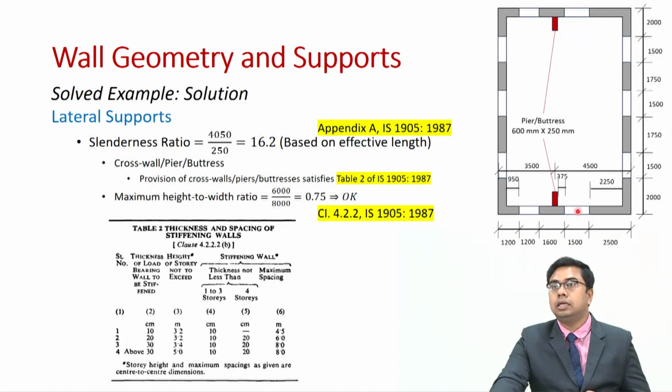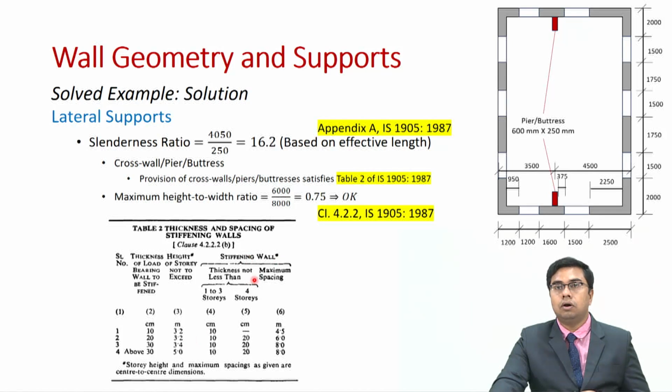So, this wall has a thickness of 25 centimeter. So, for 25 centimeter thick wall, the height of a story should not exceed 3.3 meters. Right, I am interpolating between these two values. Our story height is 3 meters, so it is adequate.